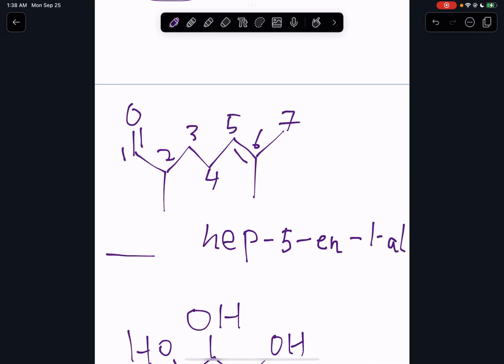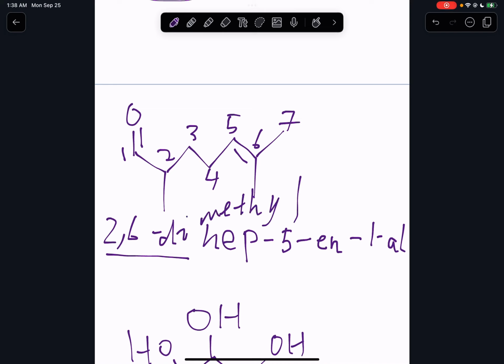So for the side chain, what do we need to do? Exactly. So there's 2, 6, di, methyl, because methyl is on 2 and 6, so we call it dimethyl, and we just write the numbers separately.